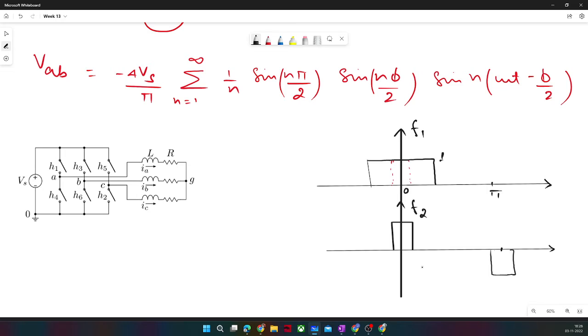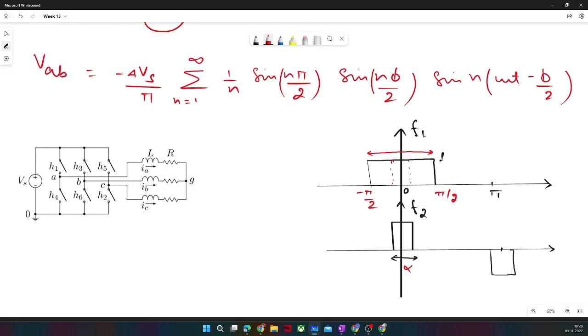Yeah, so let us say the width of this signal is alpha. And this is again 180 degrees, so its span would be minus pi by 2 to pi by 2.